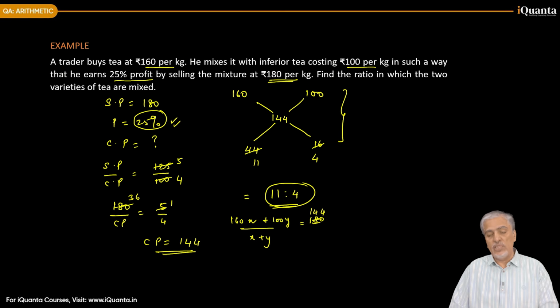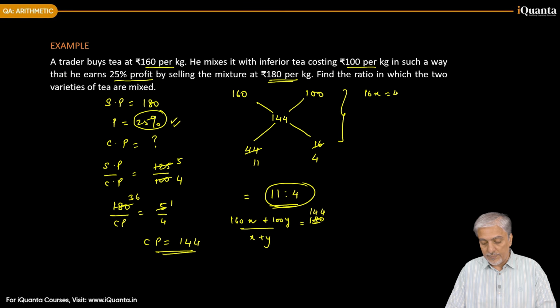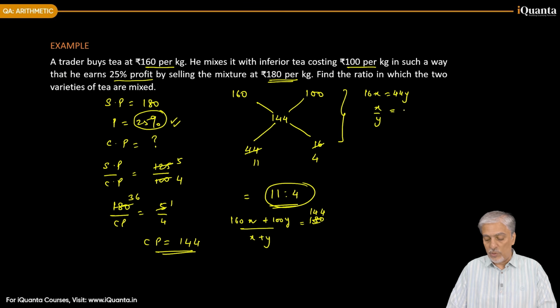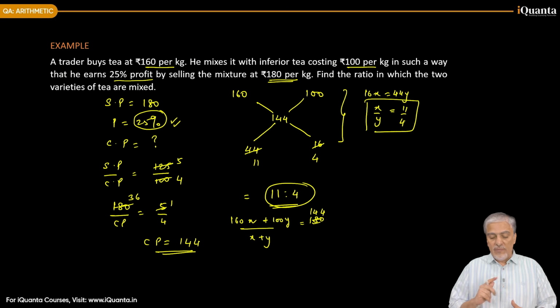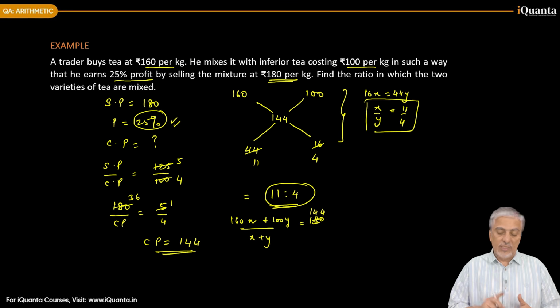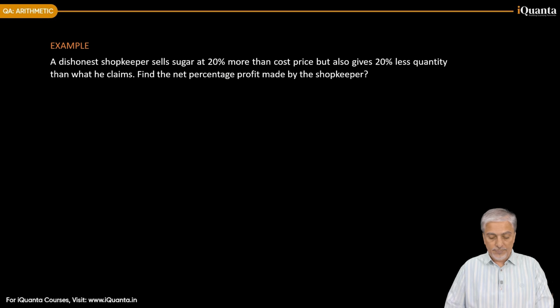So you can solve by this method also. If you cross multiply and get everything on one side, you'll get the same thing: 16x is equal to 44y. Therefore, x upon y is 44 upon 16, which will become 11 upon 4. So again, we've learned profit and loss, some mixtures, and we've learned alligation also in this question.